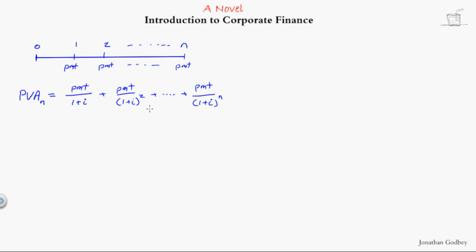I'm using I instead of R; it doesn't matter. It would be routine to have 30 of these, or with a home mortgage there are 360 of them in months. So I don't want to do 360 terms in one equation.